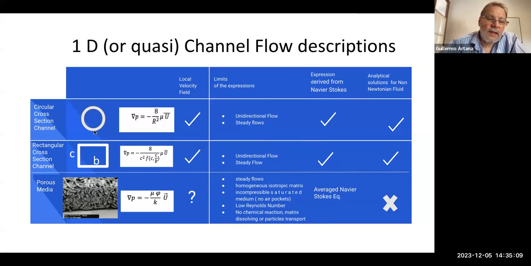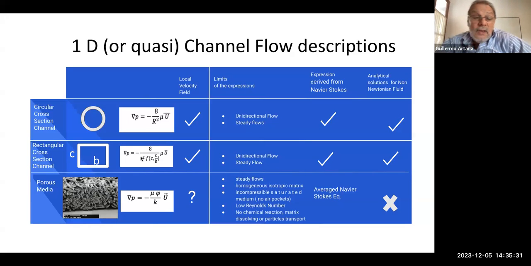For circular channel flows or circular tubes, you have this kind of relation. Here mu is the viscosity, this U bar means the mean velocity, and R is the radius of the pipe.